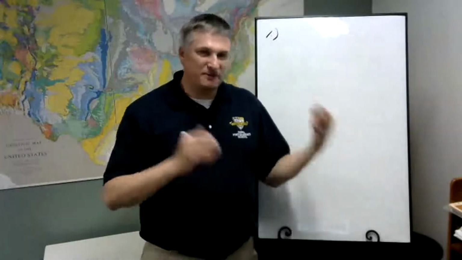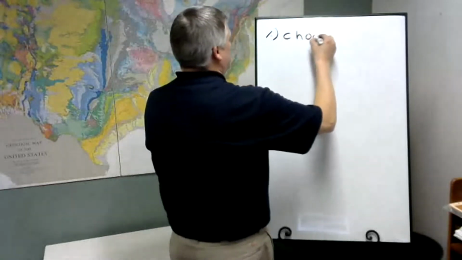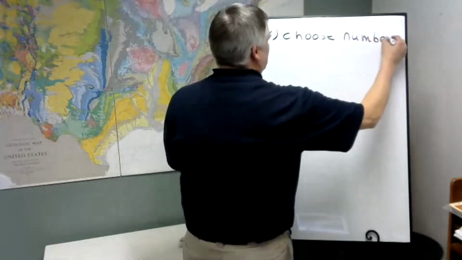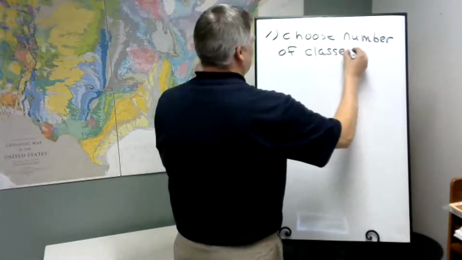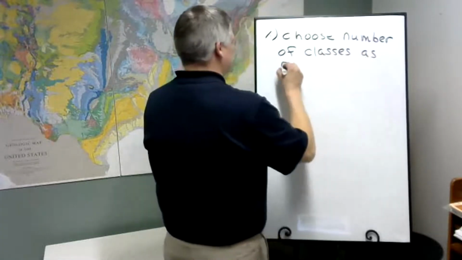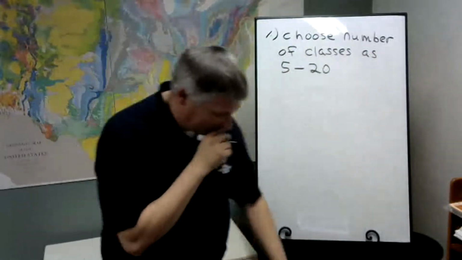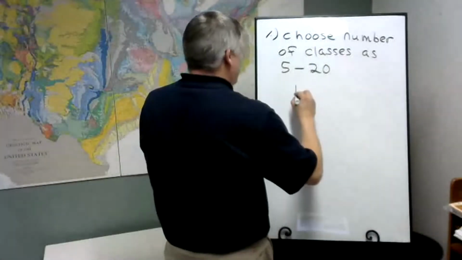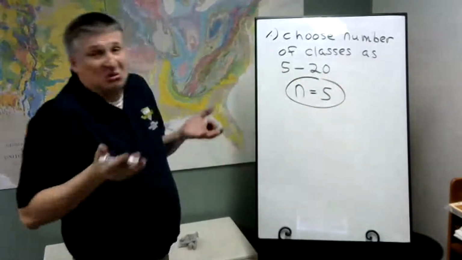So their recommendation is choose somewhere roughly around 5 to 20 classes. And I'm just going to choose 5. So I'm going to choose n, my number of classes, is 5. All right.